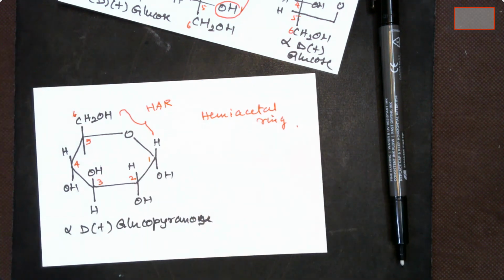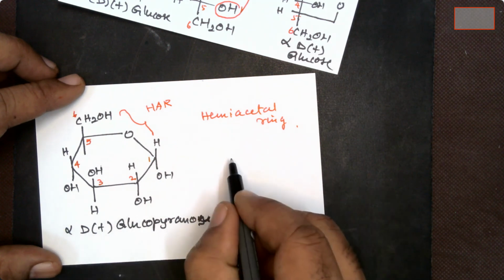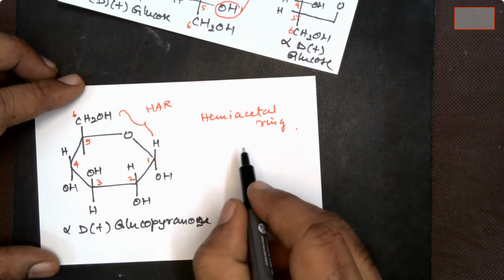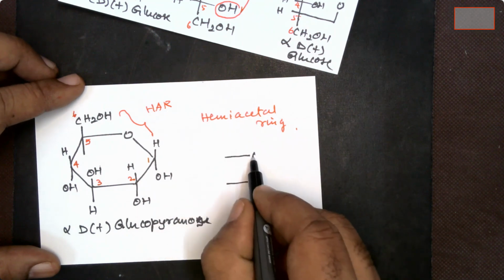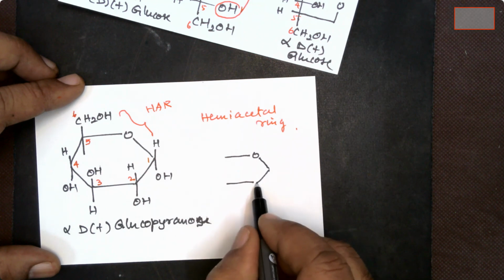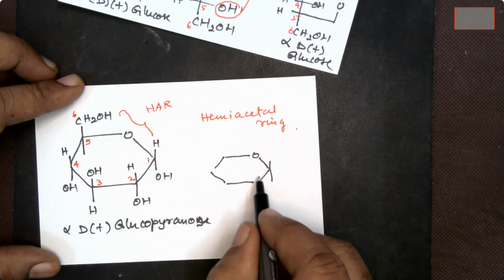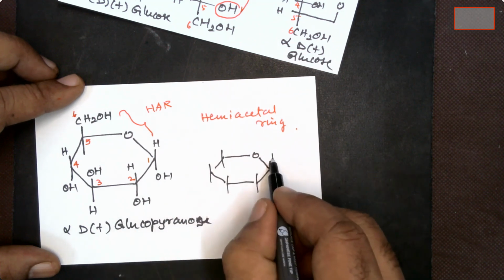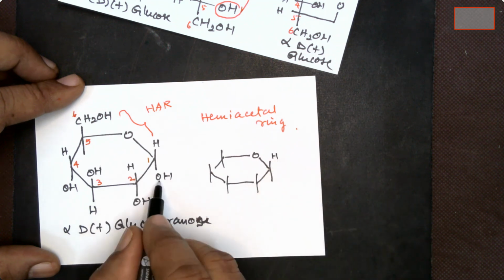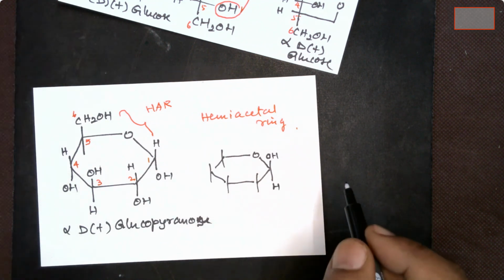Okay, and we can draw the beta also. How can you draw the structure of beta? Similar to this. Okay, draw a hexagon like this. Now first carbon, second carbon, third carbon, fourth carbon, fifth carbon, and then H. Instead of writing H, OH like this, here it becomes OH, H. Is it not?